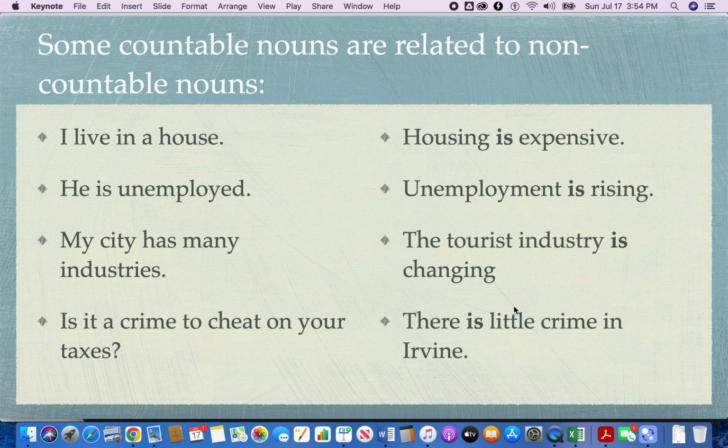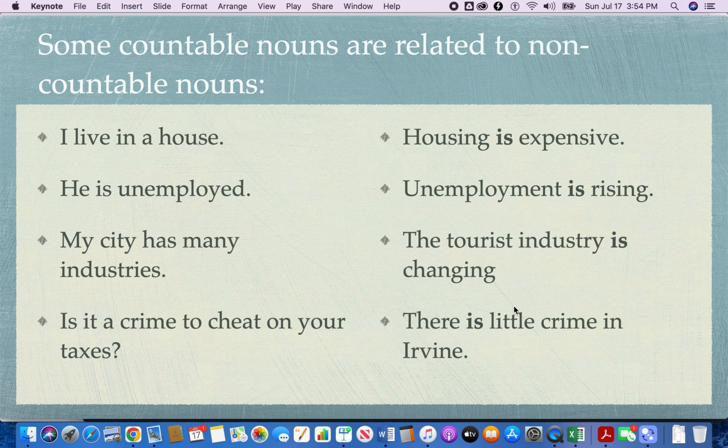Unemployed is an adjective, but the noun unemployment is non-countable and singular. Unemployment is rising. Or the word industry. My city has many industries. You can count them. But if you talk about industry in general, it's non-countable, like the tourist industry is changing.